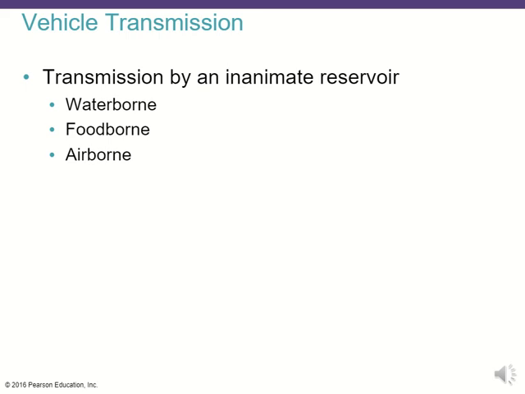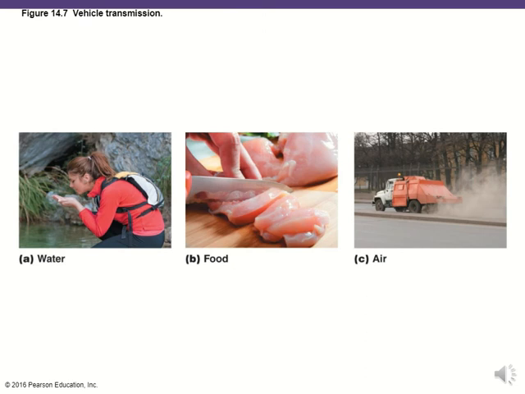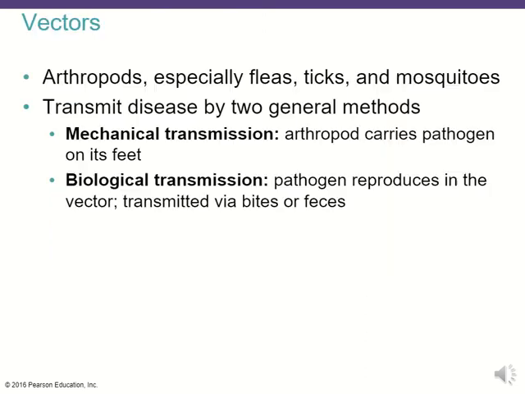As far as a vehicle or a pathway for transmission, transmission can be through an inanimate reservoir, such as diseases that are within water, food, or in the air itself. Vectors are agents that carry a disease to a new host, or can be a source of a disease.